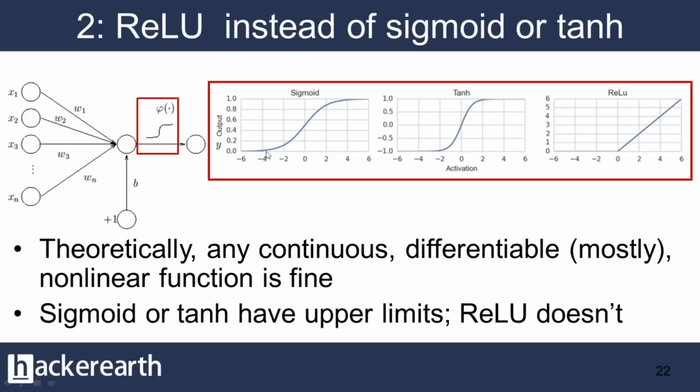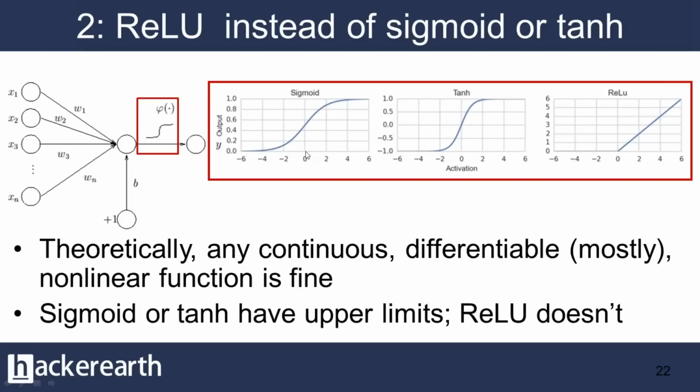Most of the time people use sigmoid. What sigmoid does is for very negative input, it gives you 0 output. For very high positive input, it will give you 1 output. So it is sort of like a probability of detection between 0 and 1. The reason it was used was because it was a smoother version of a step function.